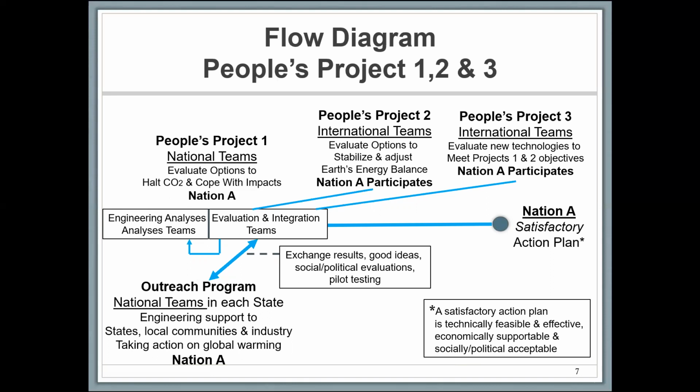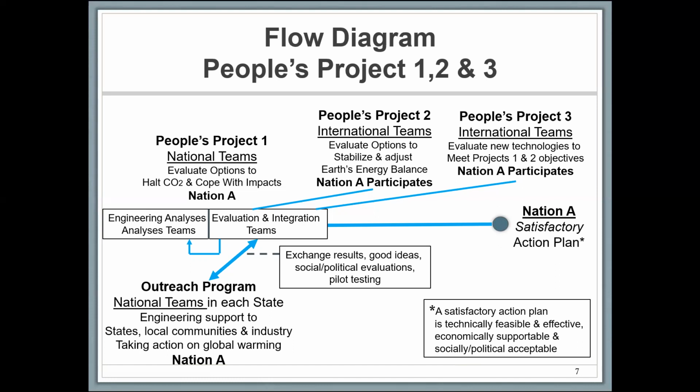Nation A and all other nations will participate in evaluating options on the national teams. In this way, the best minds from around the globe will work together in evaluating these different options. The results from People's Project 2 will feed back to each nation, where the options will be evaluated and integrated into their national action plan.